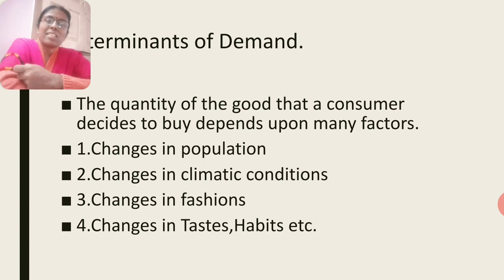So with changes in climatic conditions, the climate is not the same throughout the year, it always varies. Take for example rainy season, then winter season, and then summer season. In rainy season there is a greater demand for raincoats, umbrellas, shoes, etc. Greater demand for crispy edible things, etc.